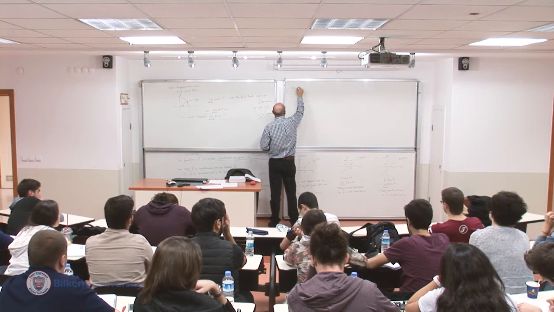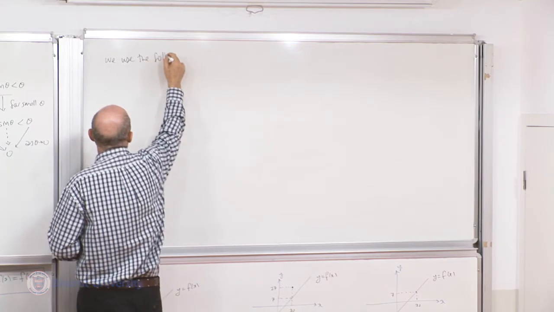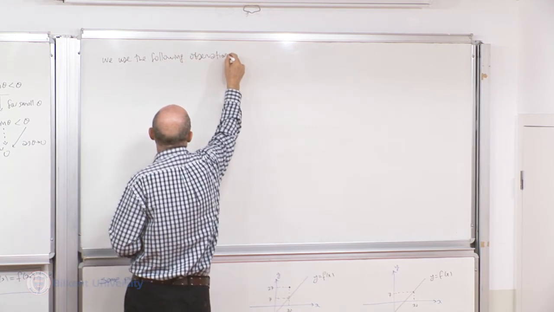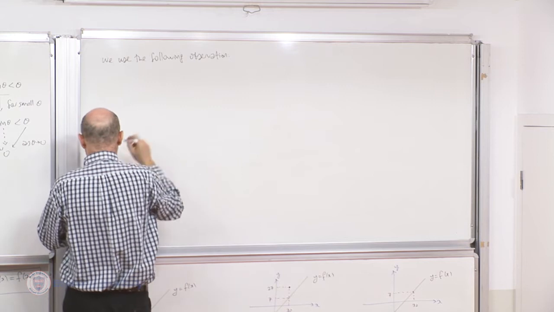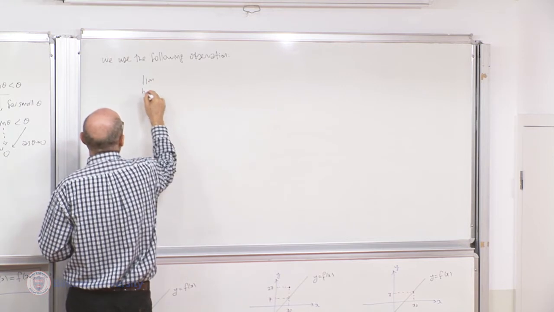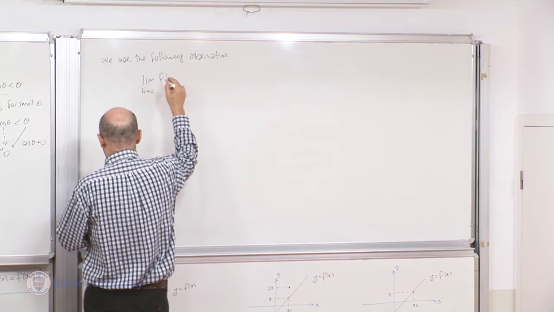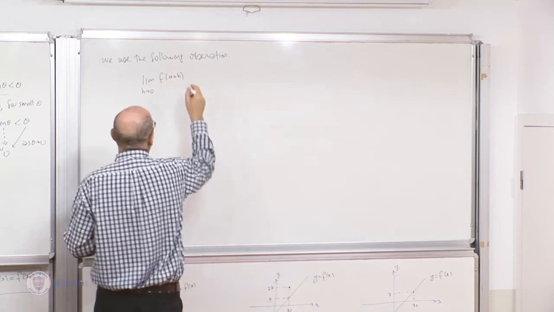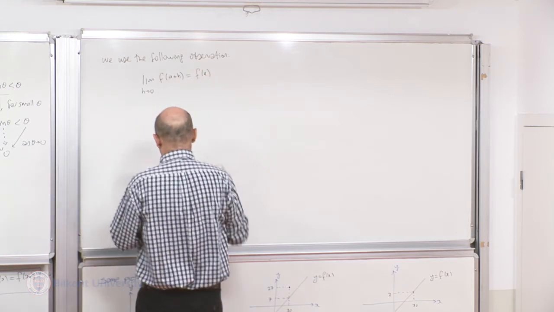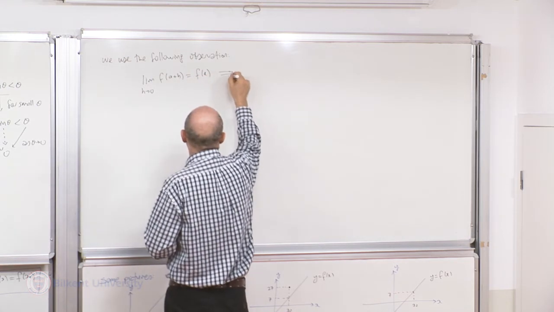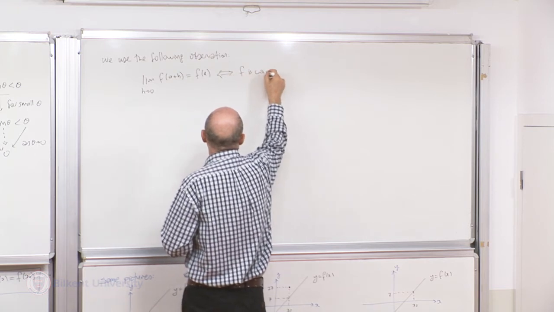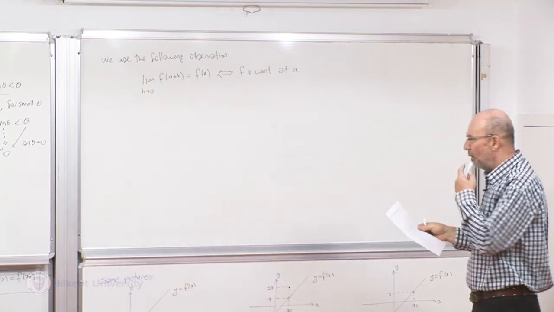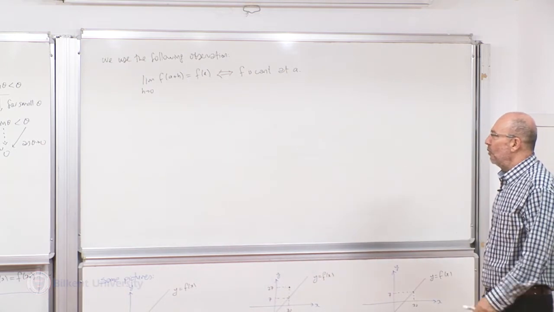We use the following observation, or you can prove this. So what is this? The limit as h goes to 0 of f of a plus h is equal to f of a if and only if f is continuous at a.